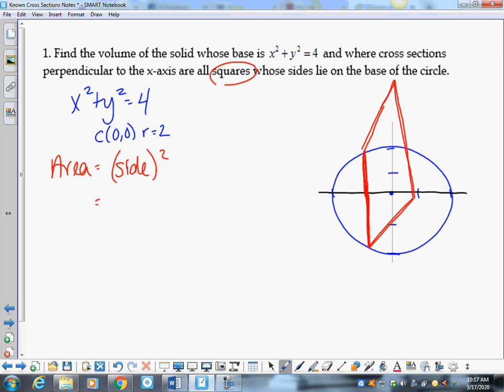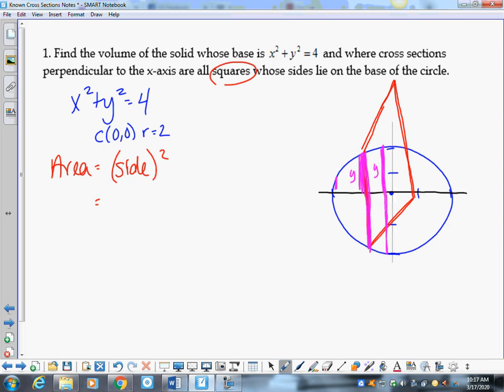Okay, so let's figure out what a side is. Well, the side is this length. Okay, so think about that. This part right here is y, wherever you cut it. Even if my square was here, this distance right here is y.